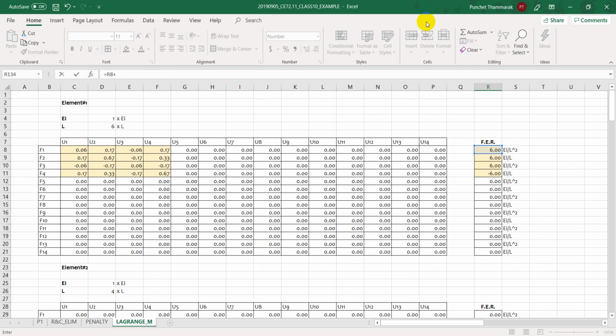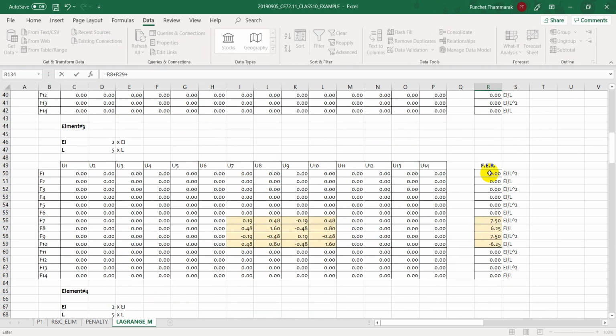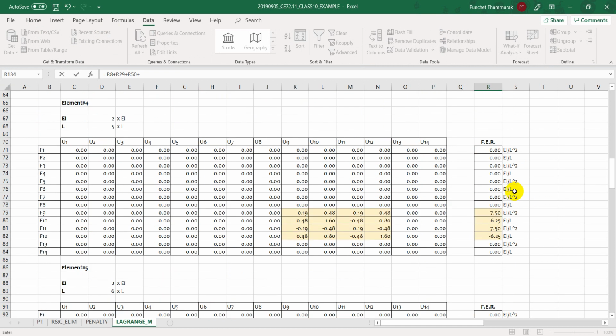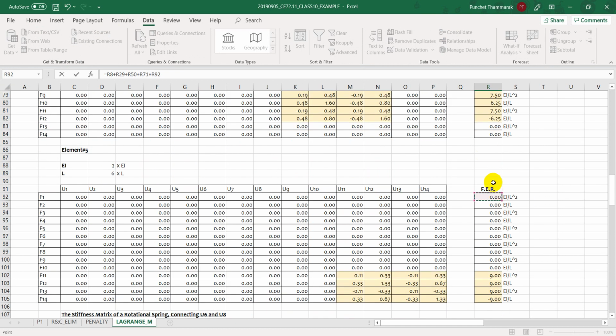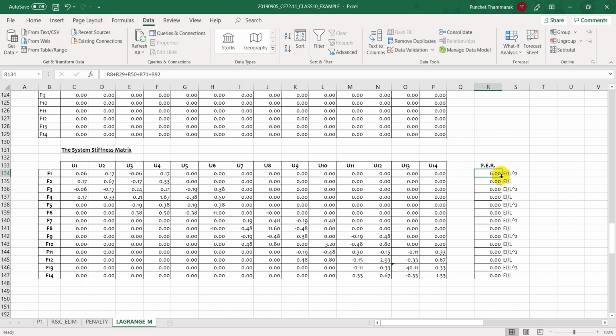This one add up, add up with this one, add up with this, done. So you can see that your stiffness matrix and also the fixed end reaction vector are different from the former ones because of the degree of freedom number 7.